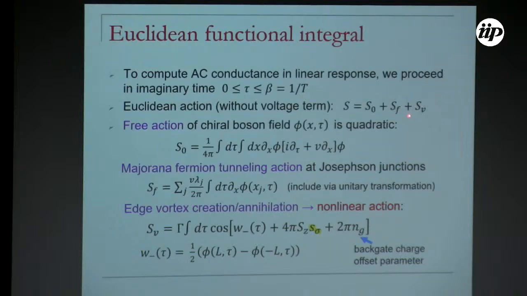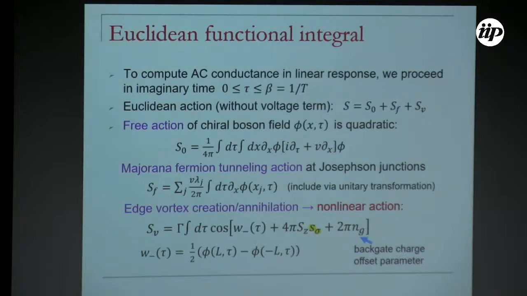Then the next part, SF, describes the Majorana fermion tunneling, so that Majoranas can tunnel from one edge to the other at the Josephson junctions. And so the J runs over these 2 Josephson junctions, and we have a strength lambda J for each of these tunnel processes. And then it has, in bosonized language, a very simple representation, just linear in dx phi. And so you can take into account this piece just by a unitary transformation in an exact manner.